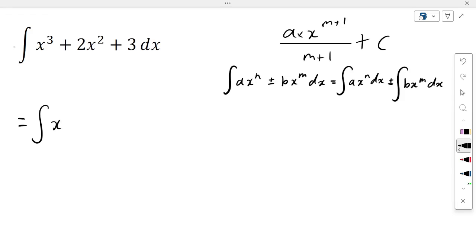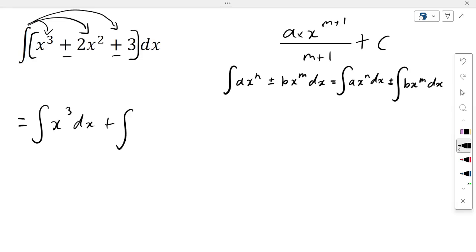Because our brackets are like this, we're going to take the integral into all of these terms that are affected between the dx and the integral. So it's going to be the integral of x cubed with respect to dx plus, because our signs are both plus, the integral of 2x squared with respect to dx plus the integral of 3 with respect to dx. And that is how we write it.